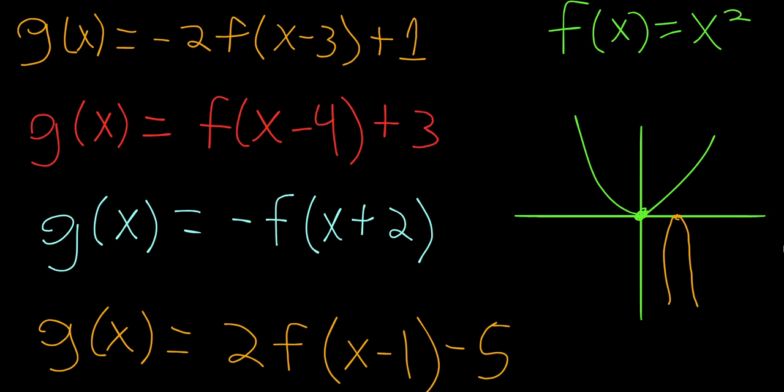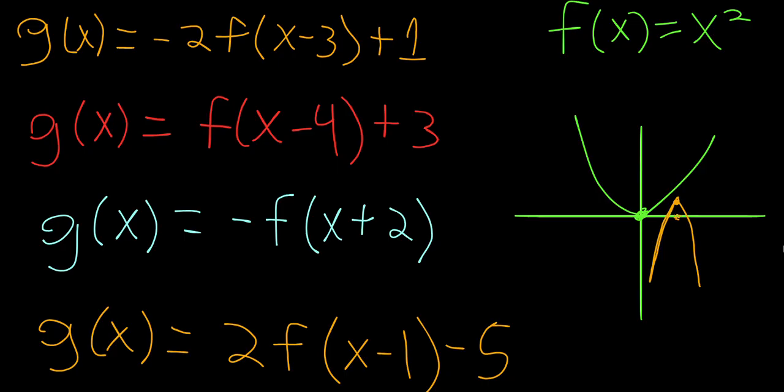And we're also going to move up. We're going to vertically translate up 1. And so we can erase this. And now our final parabola is going to look about like that. Stretched, flipped, moved horizontally right, and up vertically 1.